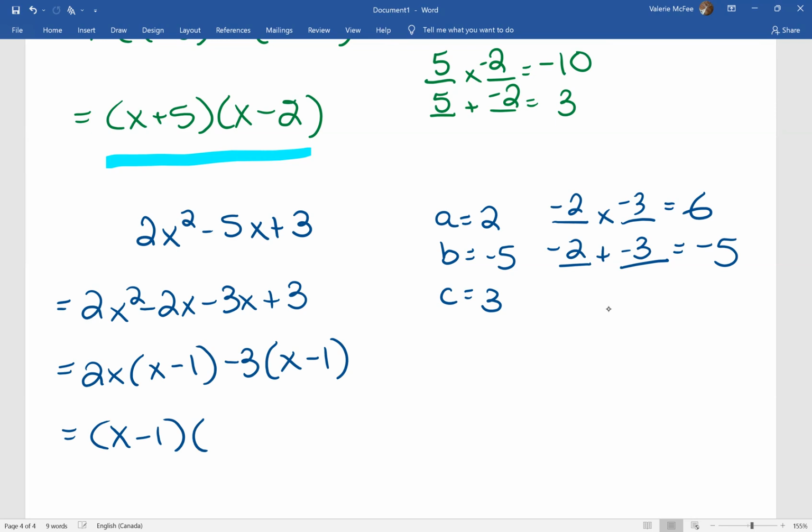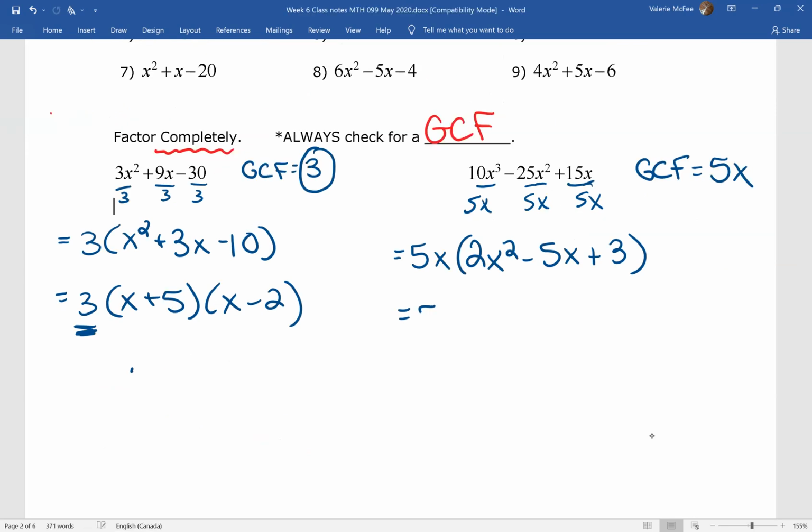So this factors to x minus 1 times 2x minus 3. So we can take those and replace the trinomial with x minus 1 times 2x minus 3. Notice that we kept the greatest common factor as part of our answer.